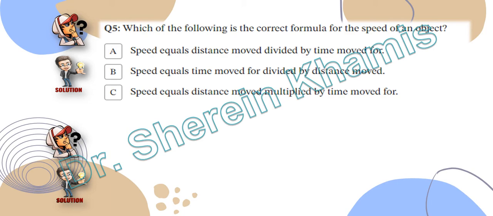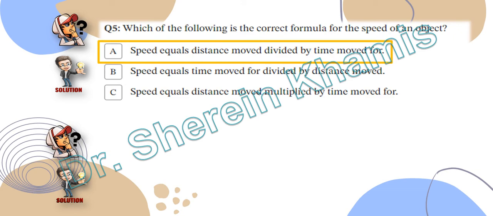So speed equals distance moved divided by time moved. For the other options, speed equals time moved divided by distance moved, and speed equals distance moved multiplied by time moved. So the right answer will be the first one: speed equals distance moved divided by time moved. Okay, let's go to question 6.